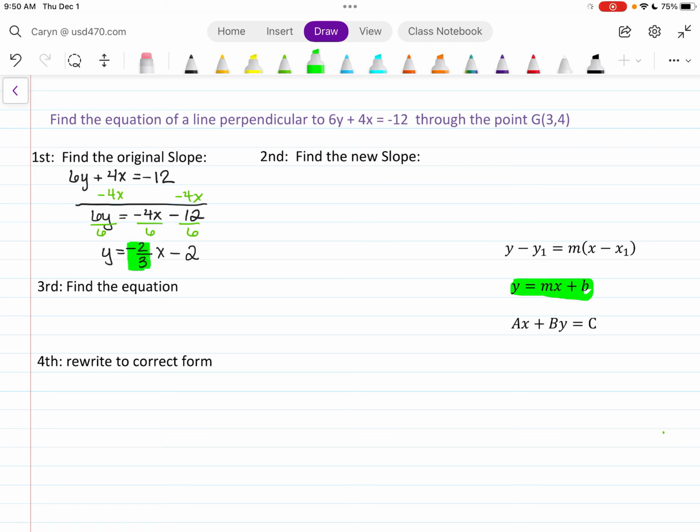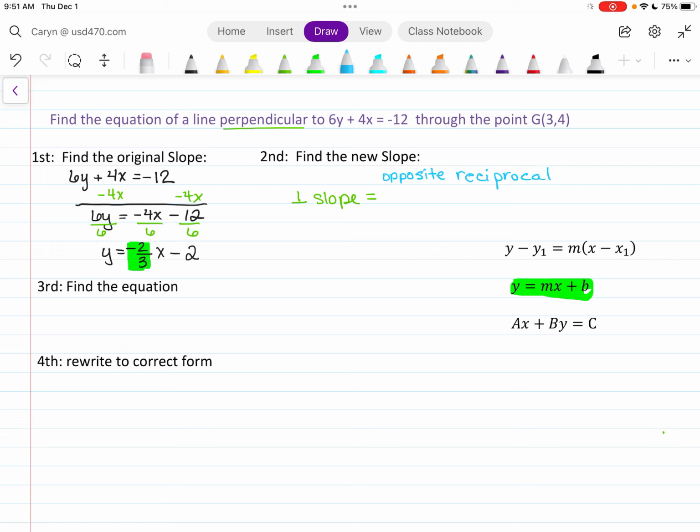Okay. We need a line that is perpendicular. So we need the new slope. So my perpendicular slope is going to be the opposite sign, and it's going to be a reciprocal. So that means I flipped it.